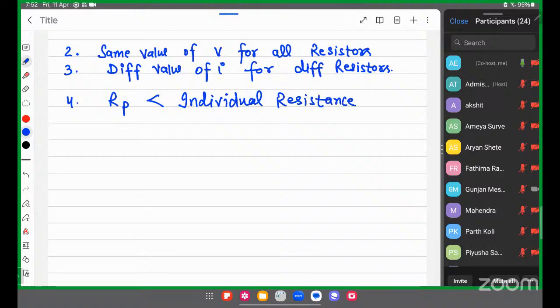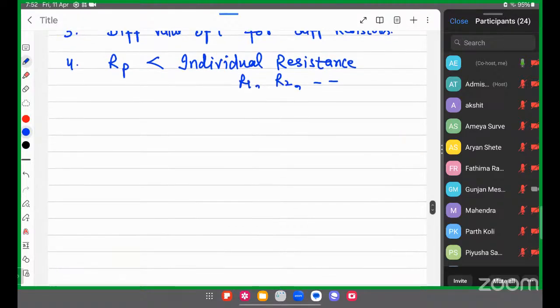It will be less than R1, less than R2, and so on, less than all the resistors which we are using in the parallel combination. Formula for parallel combination: 1 upon Rp equals 1 upon R1 plus 1 upon R2 plus 1 upon R3 and so on.